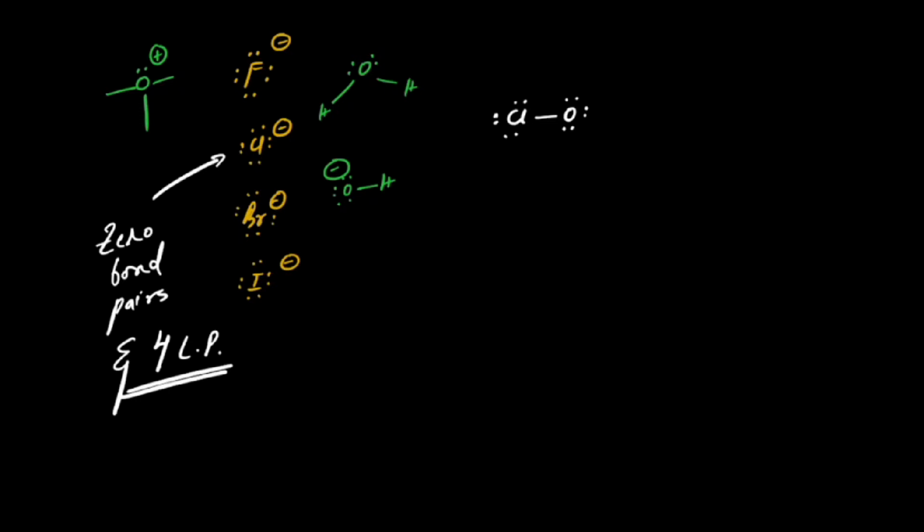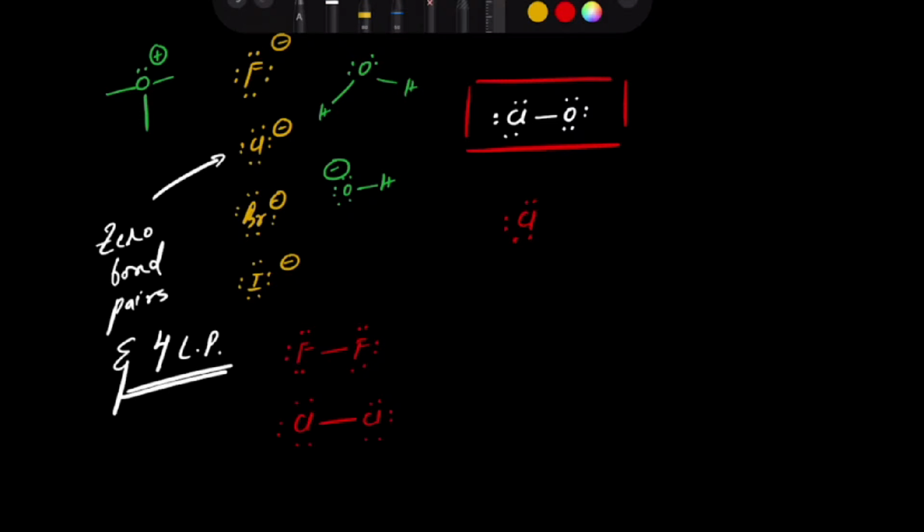So in this structure, if you see ClO minus, what do you think is the charge held by chlorine? Charge held by chlorine is 0. You know why? Because whenever halogens are attached to other halogens, for example, when you have elemental forms of halogens, you observe this thing. They all have 3 lone pairs and 1 bond pair. So number of electrons it has is 7. That's why it is neutral.